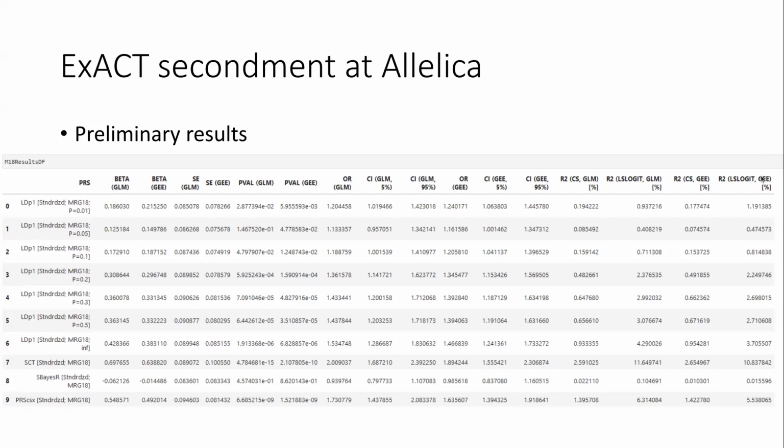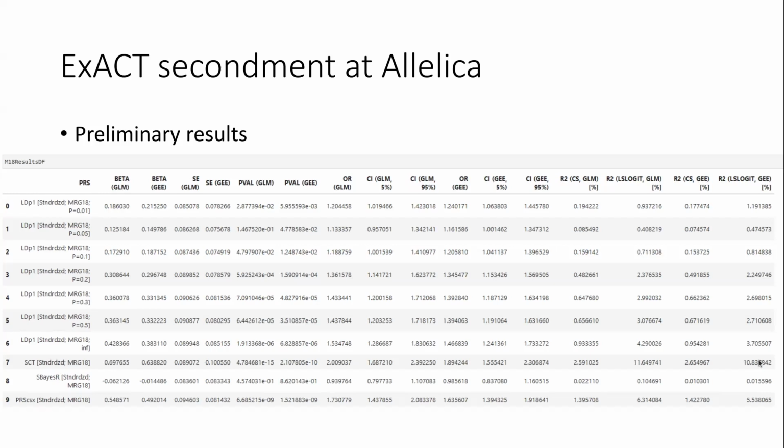So the variance explained is something that varies, and there is a maximum for LDpred1 over here. So this is 3.7% of the variance in the phenotype is explained by the PRS. This is something that's not unusual. It's something you would expect.